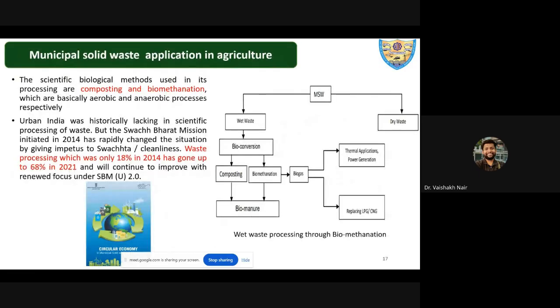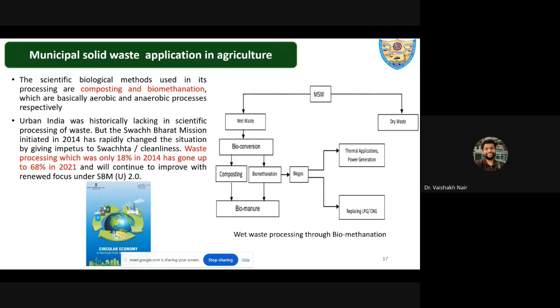Then coming to your municipal solid waste. Now this is again very similar to the previous slide. As I stated, here also wet waste is what we are talking about, because dry waste, the majority of it is recycled. So there again, you cannot focus on an industry or utilization of dry waste. But wet waste is where the government is focused. The data I've taken is from the circular economy document, published by the Ministry of Urban Affairs.